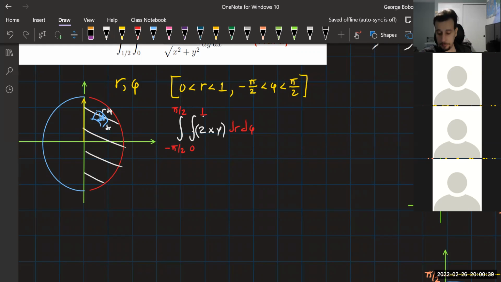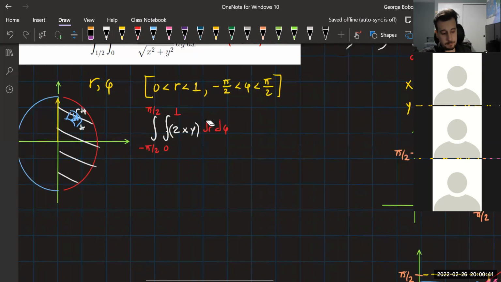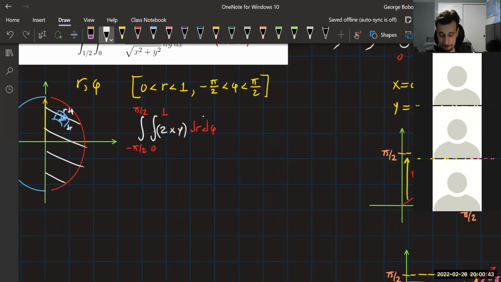Don't you convert the x to cos phi and the y to sine phi? Okay, so x, we know polar coordinates look like this, right? I forgot the r dr. Oh my God, I almost forgot here. I have to be super careful. This dA is what Grace said. So I almost made a mistake here.